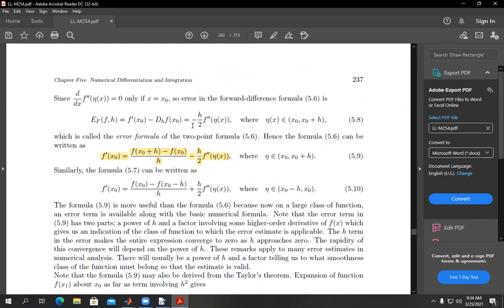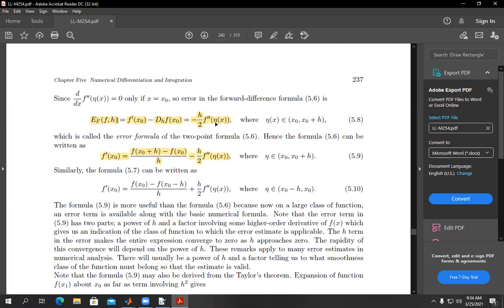This is the error formula of the 2-point formula, minus h by 2 times the second derivative. I put it complete, but this is the error formula. Error is exact minus approximate, and this will give you the possible error. Now, he says in the question, find the value of eta.